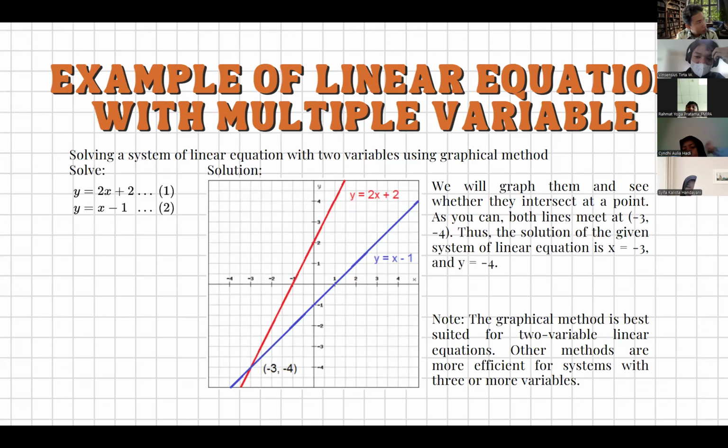As you can see, both lines meet at -3 and -3. Thus, the solution of the given system is x equal to -3 and y equal to -3. Please note that the graphical method is best suited for two-variable linear equations. Other methods are more efficient for systems with three or more variables.